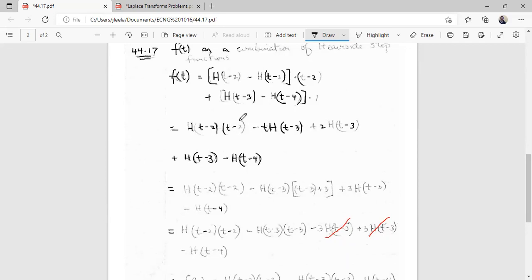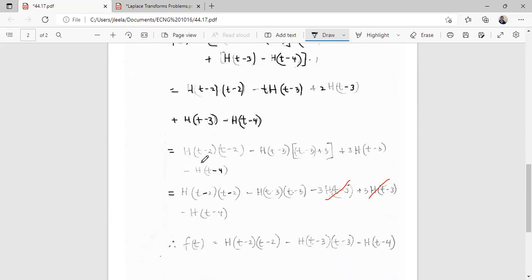So I'll deal with this one: the H(t-2)(t-2), and this one written as minus H(t-3)(t-3) plus 3. Notice the plus and minus 3 will cancel, so I'll get back this.